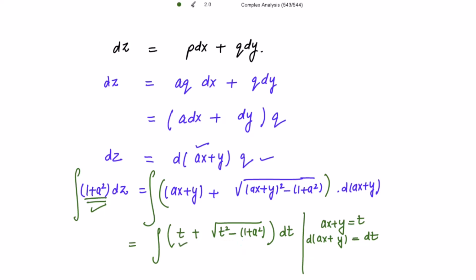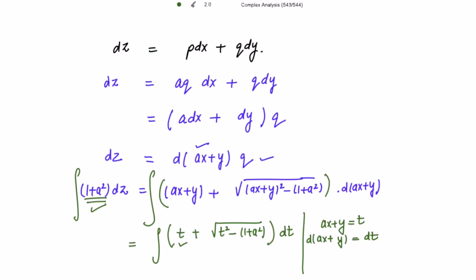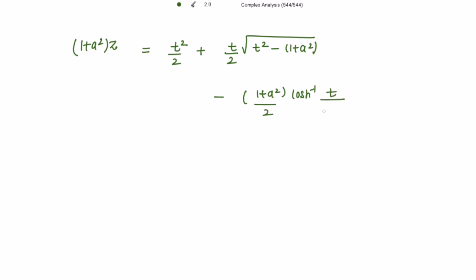Integrating this with respect to t we get t square divided by 2, and integrating this with respect to t we get, there is a formula for that, plus t divided by 2 times the square root of t square minus (1 plus a square), minus (1 plus a square) divided by 2, it is cosh inverse of t divided by square root of 1 plus a square.